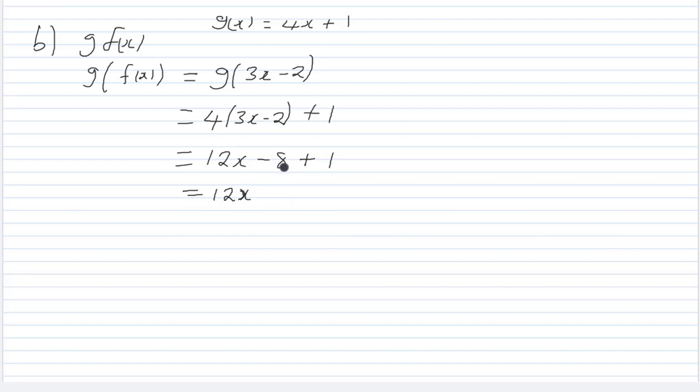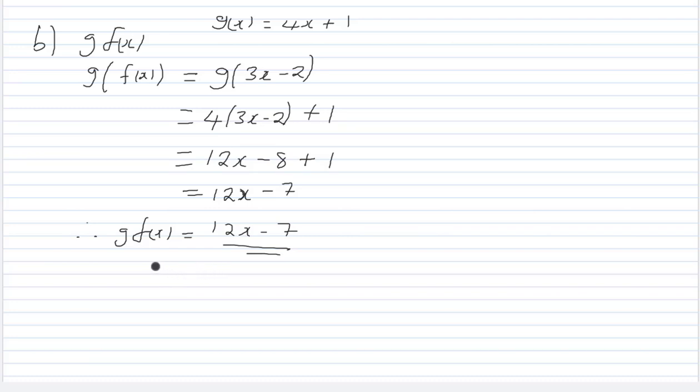Negative 8 plus 1 gives us negative 7. So therefore, g of f of x is equal to 12x minus 7. Sorry, this one here should be 7. So this is how we do the composition there.